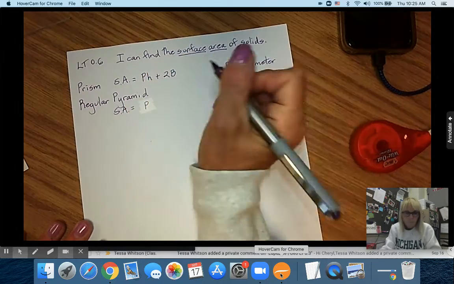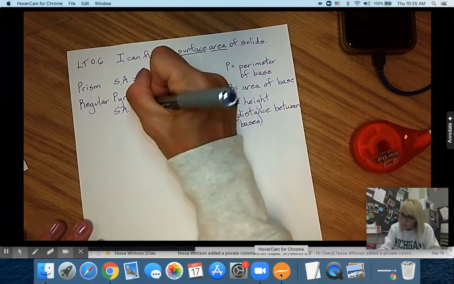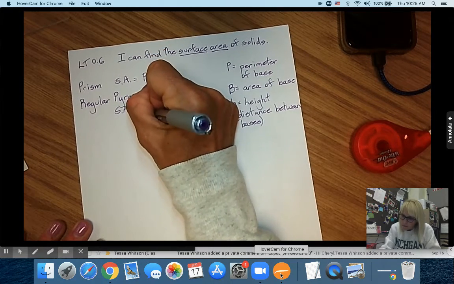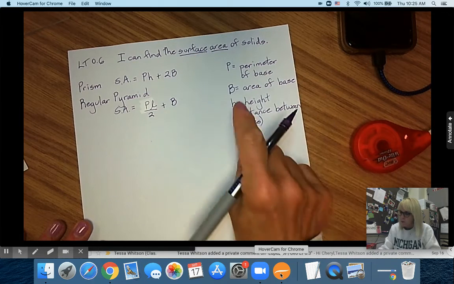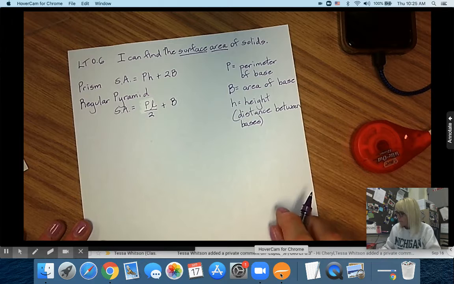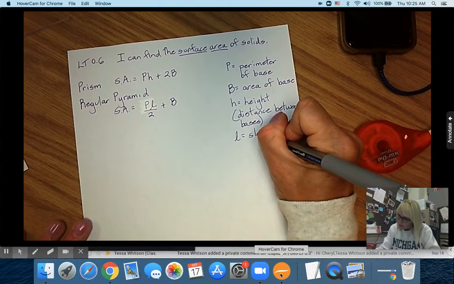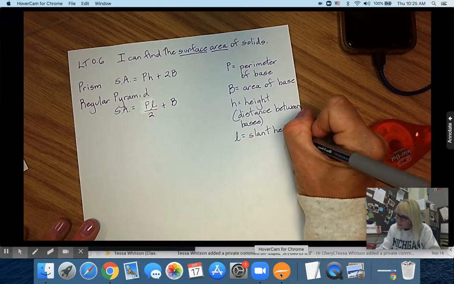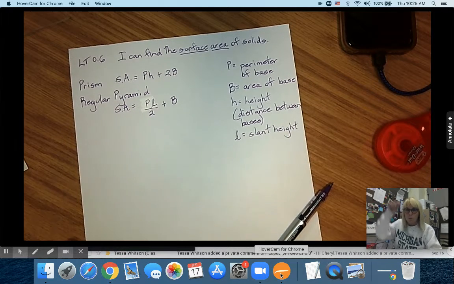Capital P. Now, what does capital P mean? The perimeter of the base times L divided by 2, I'll tell you L in a minute, plus capital B, which is the area of the base. L is the slant height. The only time you need a slant height is when you have something that comes to a point, like a pyramid or a cone.